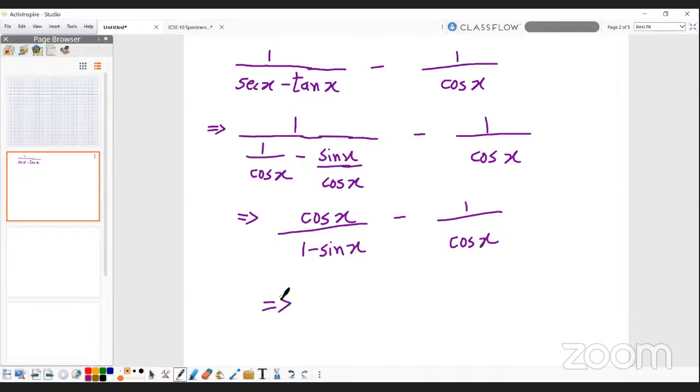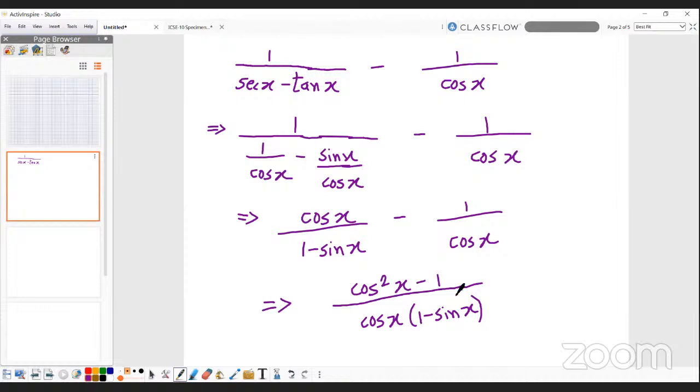That will give you cos square x minus 1 upon cos x into 1 minus sin x, like this.